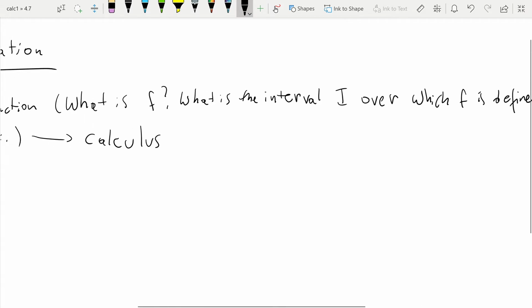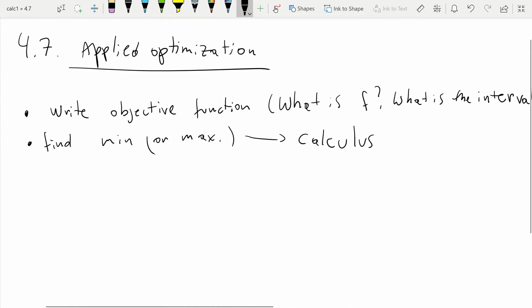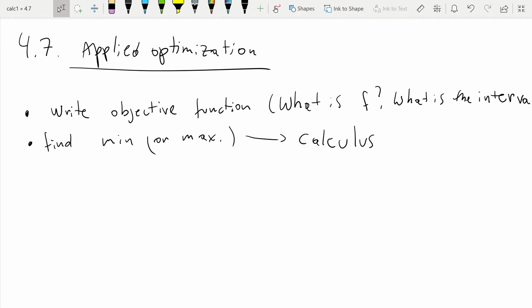Once you're able to do that and extract that information from the problem, then the rest is just going to be a matter of applying the techniques that we learned in the previous sections. So just to find the critical points, look at the endpoints, and see which one is better and all of that.